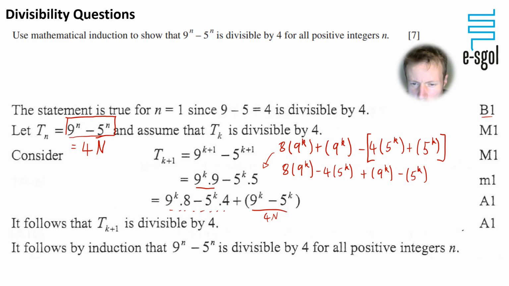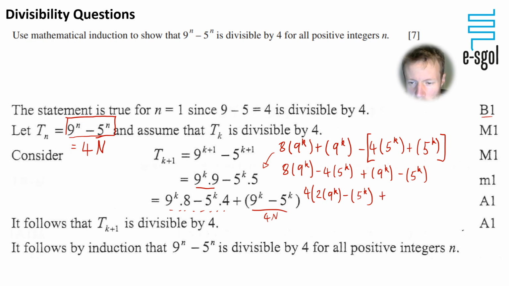And then this first bit at the front, I might be saying, well, this is in the 4 times table because we can extract a 4 out, because we get 4 times, 2 times 9 to the power of k minus 1 times 5 to the power of k.